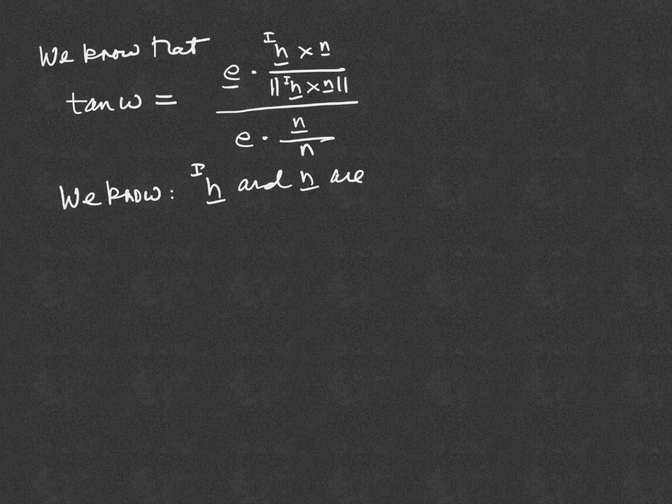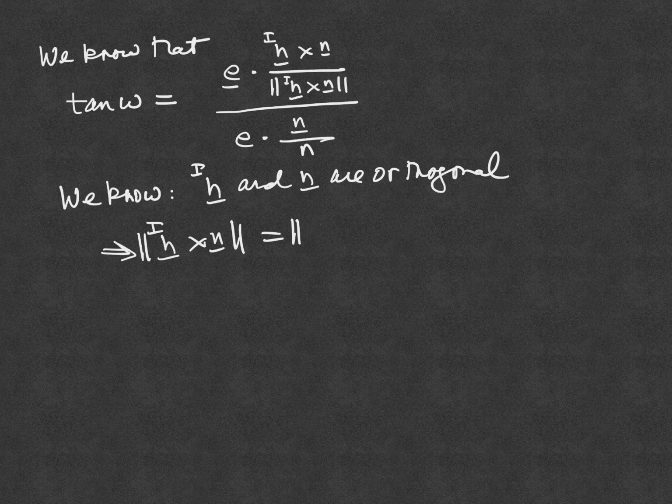As a result of doing this, we know the following: that h and n are orthogonal. So what that implies is that the magnitude of h crossed with n is equal to the magnitude of h times the magnitude of n.